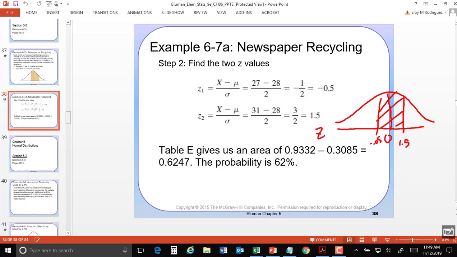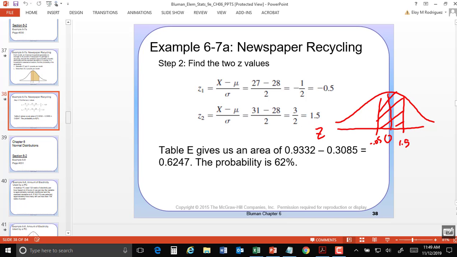So what am I going to do? I'm going to find my probability area curve from here on back. And then I'm going to subtract from this area, from this one back. So that I can answer the question, the area from here on back is 0.9332. And the area from here on back is 0.3085. And that's the area under the z-curve, which answers the question on the x.